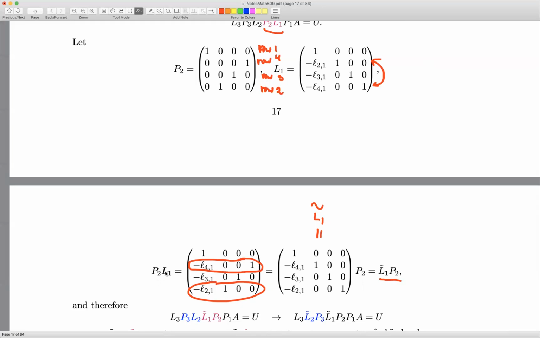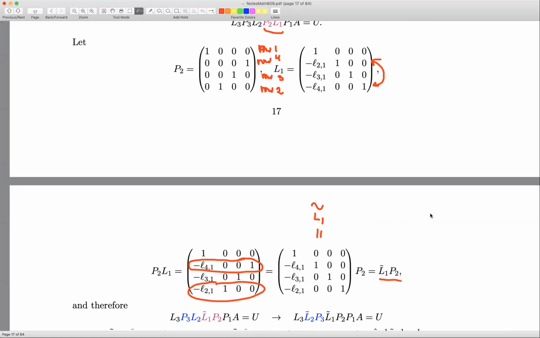However, when you multiply P2 by L1, you can represent this product as L1 tilde times P2, where L1 tilde has the same structure as the matrix L1.